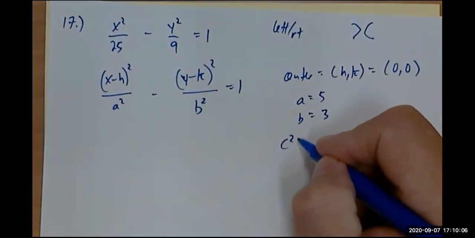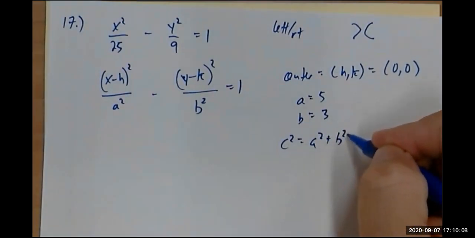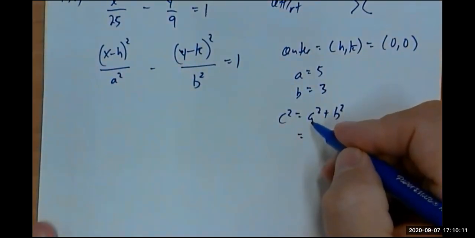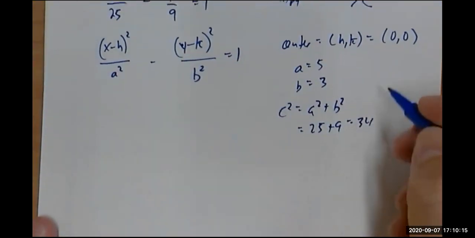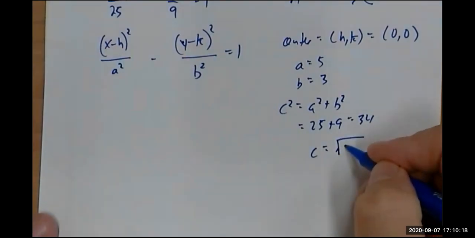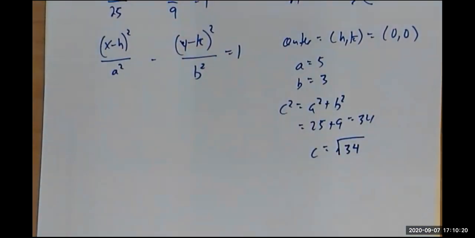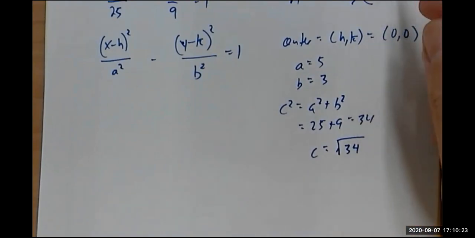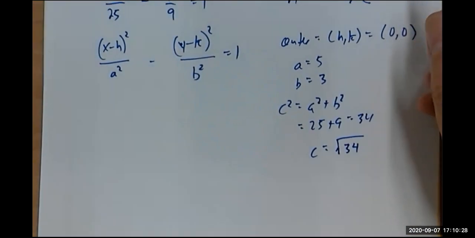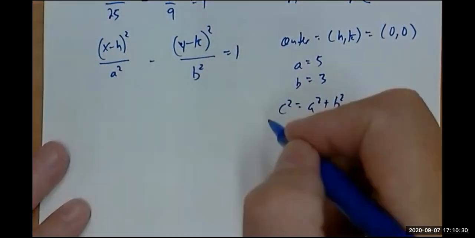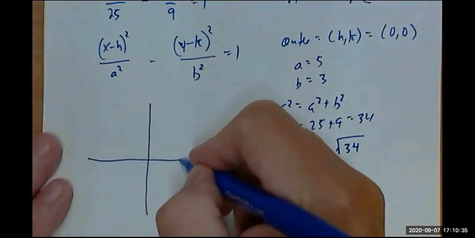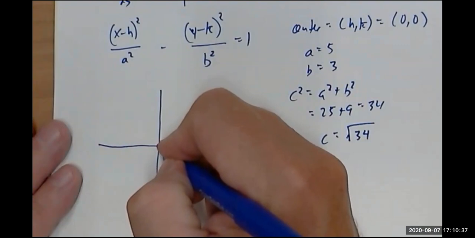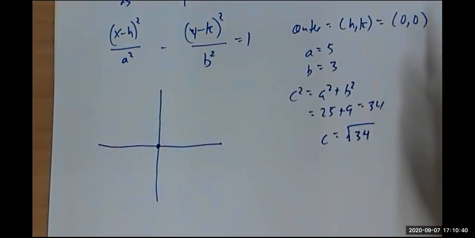And actually, while we're here, let's just do this so we can do the foci. A squared is 25, B squared is 9. I don't think this simplifies. So let's go ahead and start graphing, and then we'll figure out what the vertices, asymptotes, and foci are. Center is at the origin.